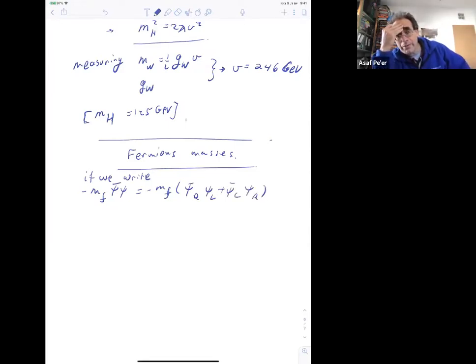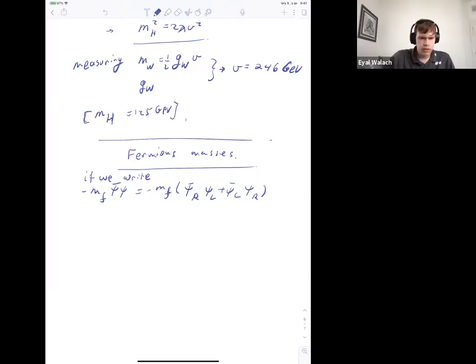But what's the problem with that? Why can't I simply do that? Actually I did it without even saying anything. When we wrote down the spin half particles in the Dirac equation, I didn't say that there is any problem. I just wrote down the term like that. But now I tell you that there is a problem. You should understand what the problem is. Does it break the symmetry?